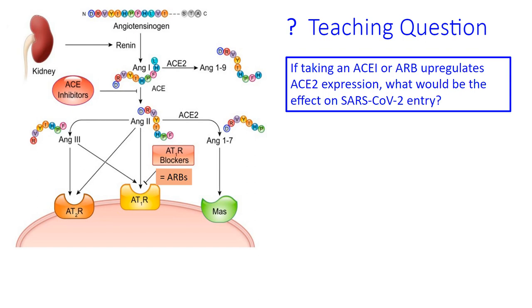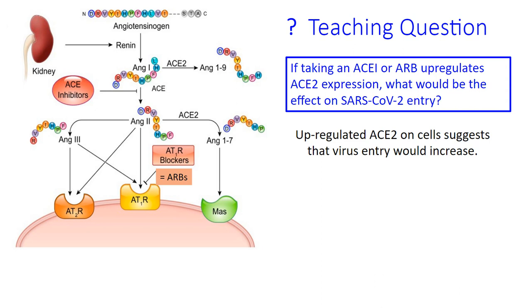Now, if we take that and we go to the next question, if that's true and we've got increased ACE2 expression, what's going to happen to the SARS-CoV-2 entry into cells? Well, you'd assume that if ACE2 is the receptor, it's going to make it a lot easier for cells to take up virus.